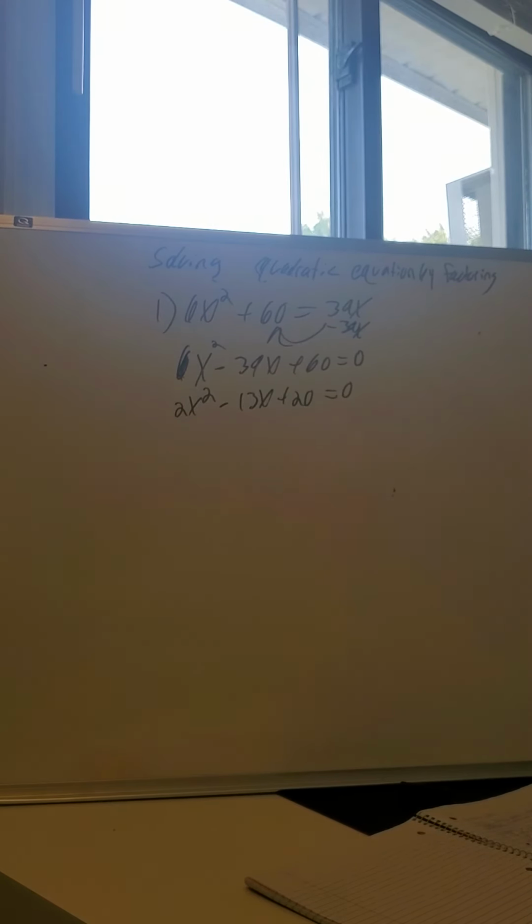So now, from here, we're going to use a method called the AC method. What does this do? This takes our A and our C, multiplying those, and then taking multiples of that to equal our minus 13.